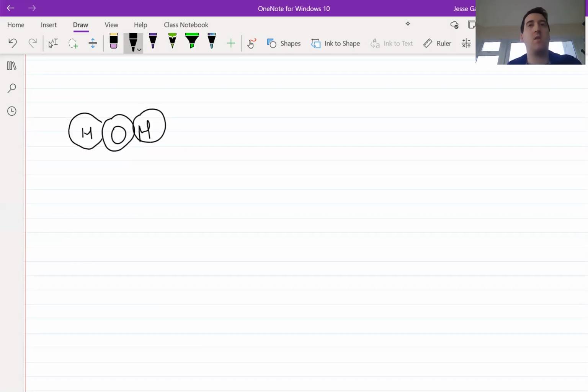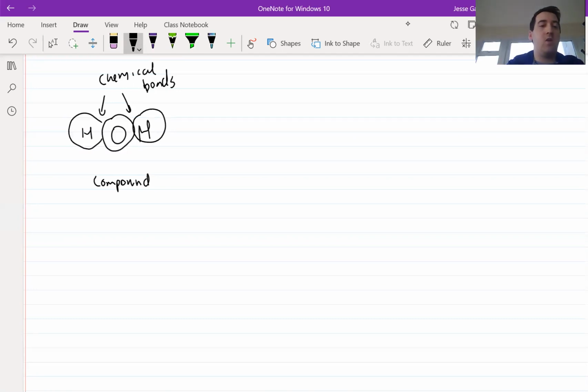Is this an element or a compound? Speak your answer to the screen. This is a compound. Well done if you said compound. And these here show chemical bonds where the elements or the atoms are touching, chemical bonds.